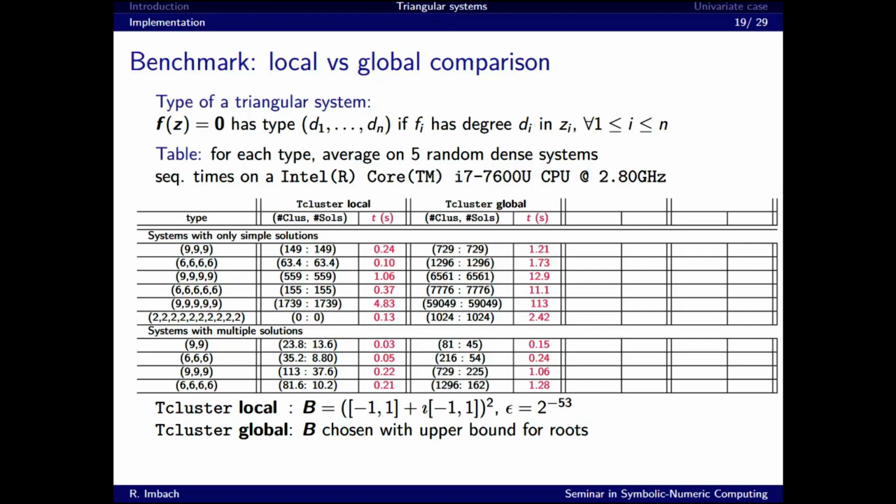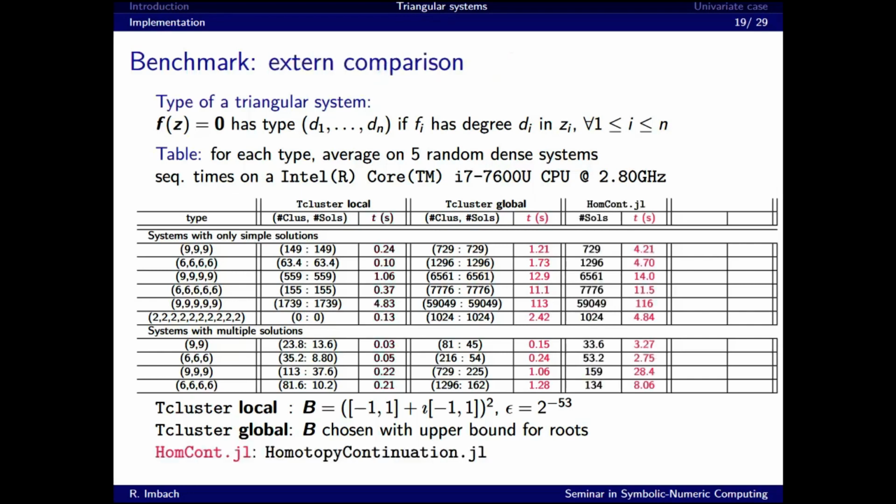Okay, so for an external comparison with a homotopy solver, HomotopyContinuation.jl, I solve the triangular system, but homotopy is way more general than what we do. I just use it to solve the general system.